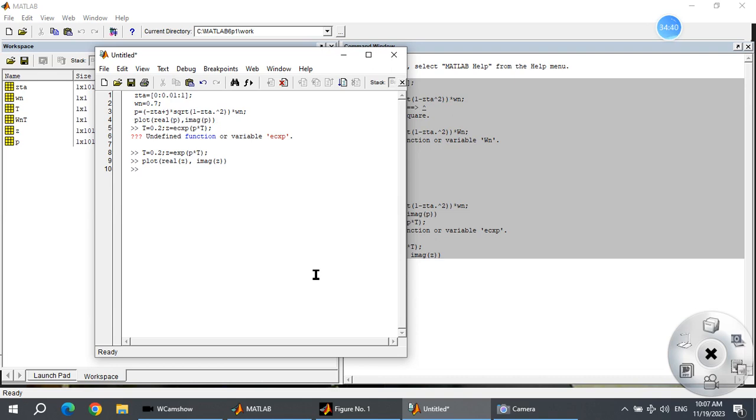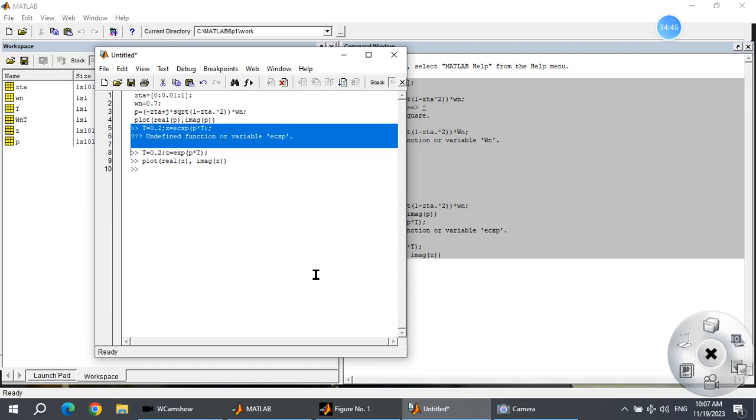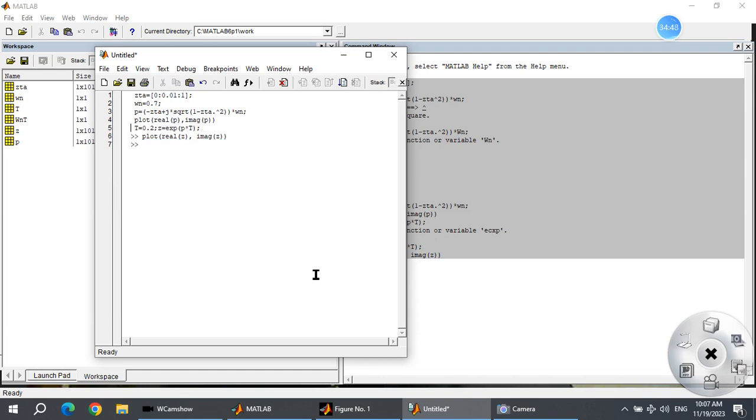And then I choose a T. I want Z equal to exponential power of T. And then plot what happened in the Z domain.